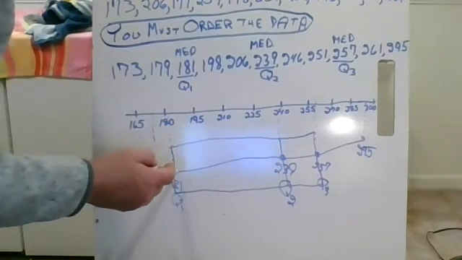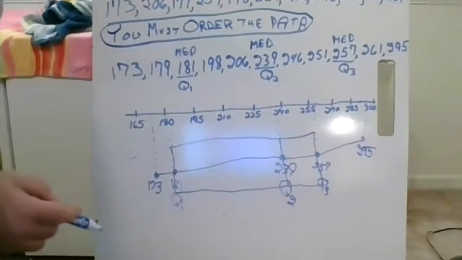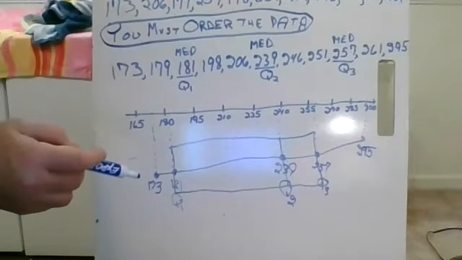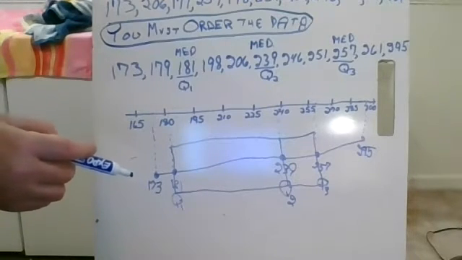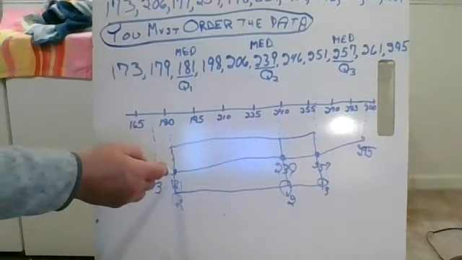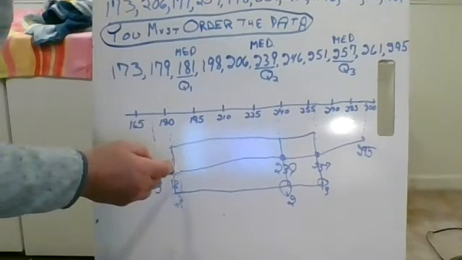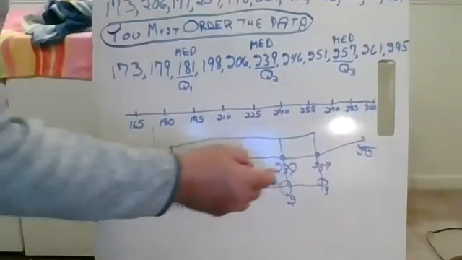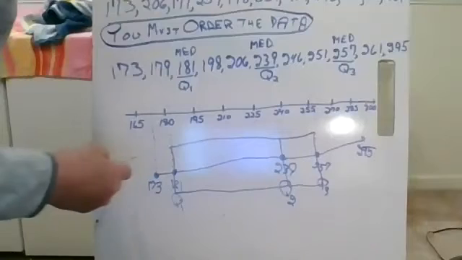25% lies in this box. 25% lies in that box. And again, they're not equal length. It's just the number of data values that are in there. 75% would be greater than 181. 25, 25, 25. 75% would be less than 257.